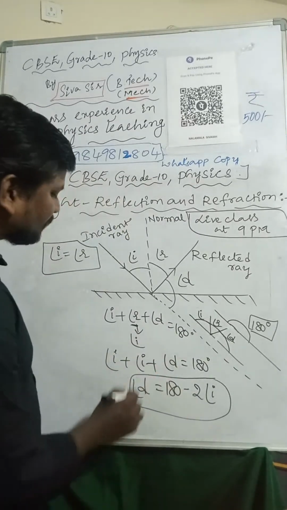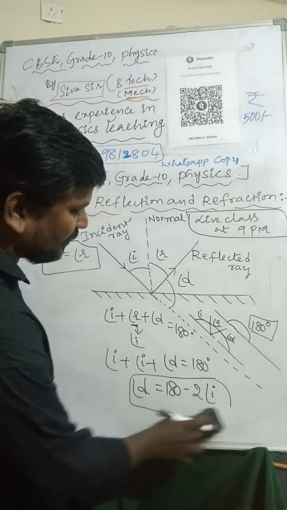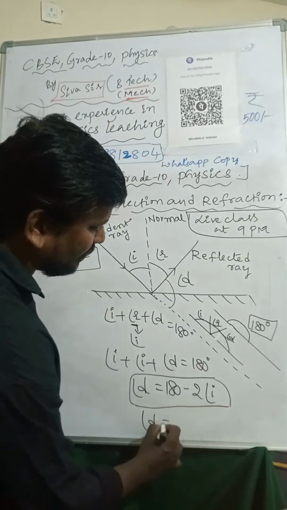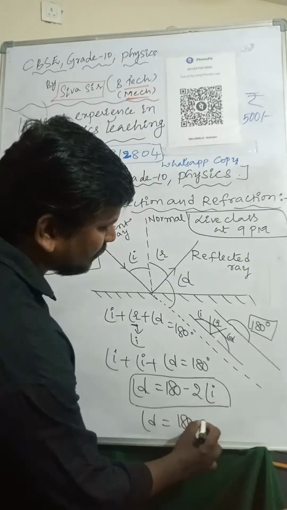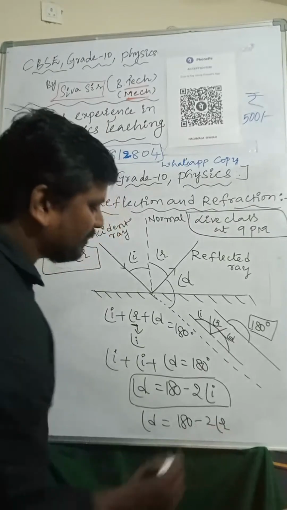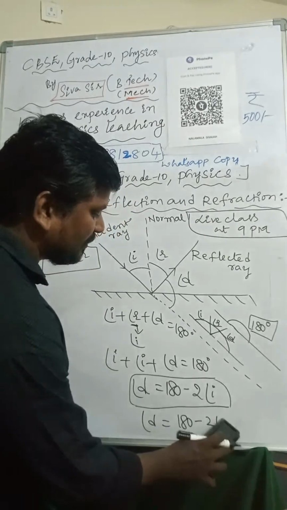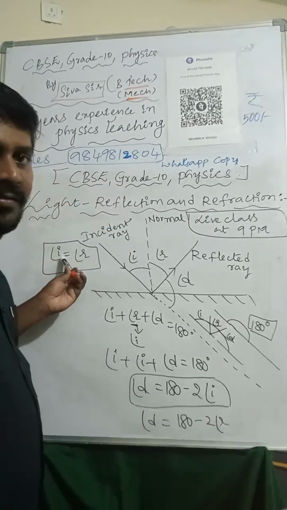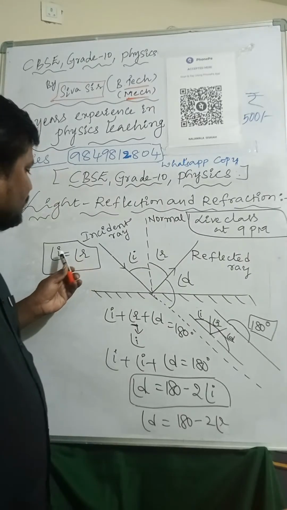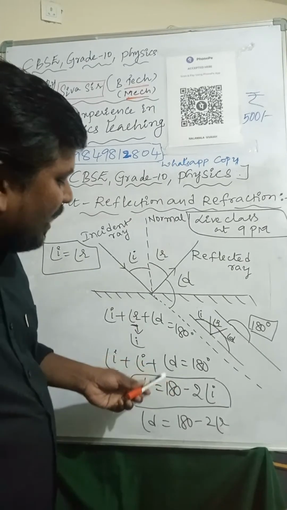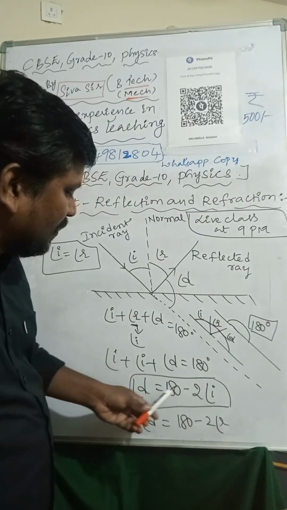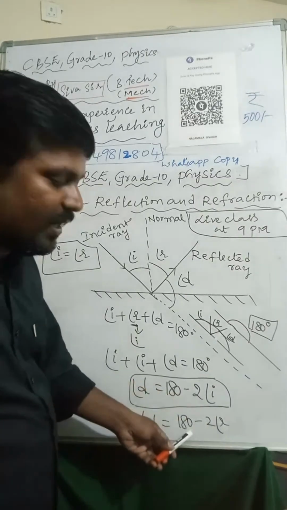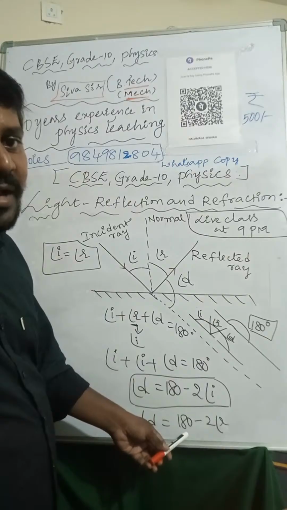Why am I considering this? You said the angle of incidence is equal to the angle of reflection. In that manner, we can take the angle of deviation as 180 minus 2i, or 180 minus 2r.